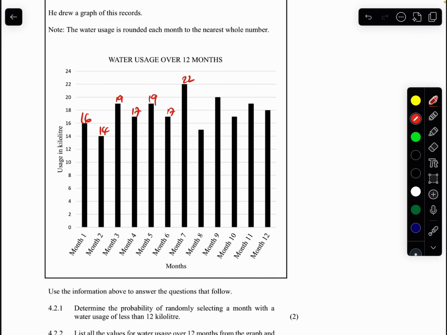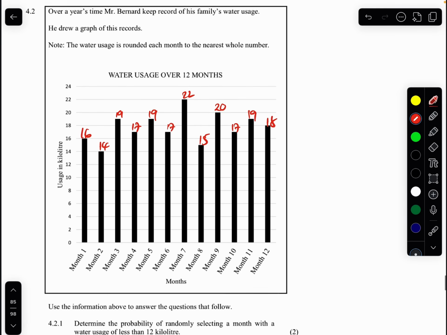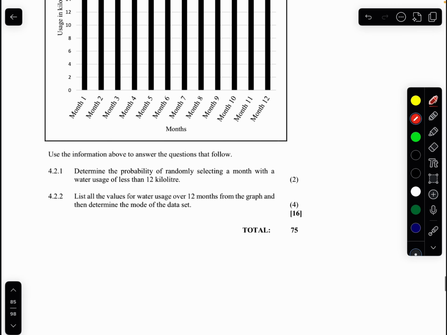That one 22. That one is 15. That one is 20. That one is 17. That one is 19. That one is 18. Right. Okay. Now those are the consumption. It's 16 kiloliters, 14 kiloliters for those months and so forth. He recorded that and he drew a graph for that.